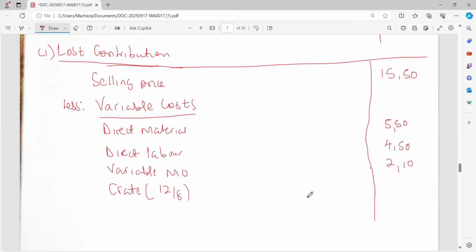Is mine different from yours? 1.5. I don't know what happened to my calculator. It gave me 0.50. Now it's giving me 1.50. 1 Rand 50.